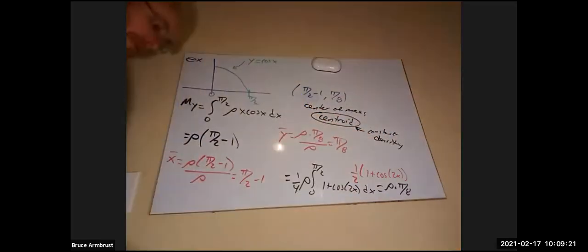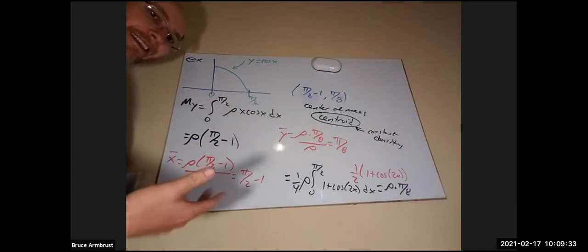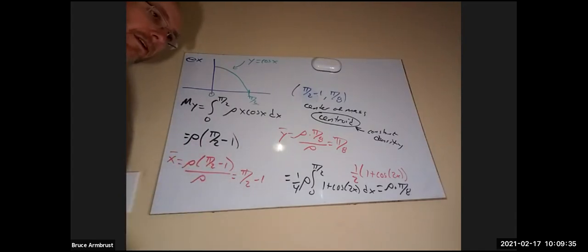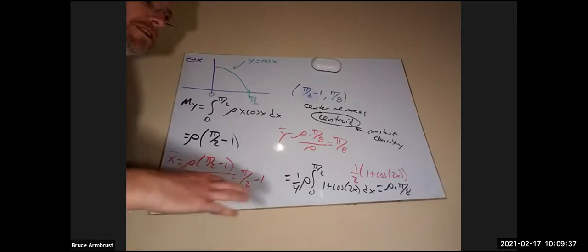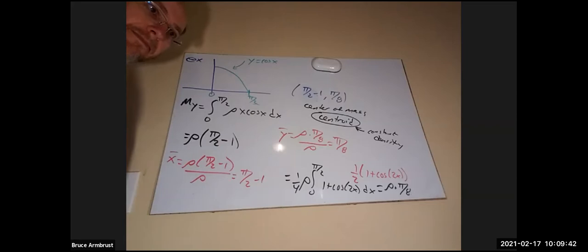This is if we have constant density. But we use centroids for other things, like you could find, say, the centroid of California. That would be the point that is geographically the center of California. So if your density is constant, you'll sometimes see that term, centroid.